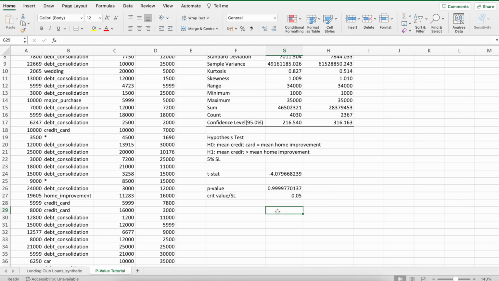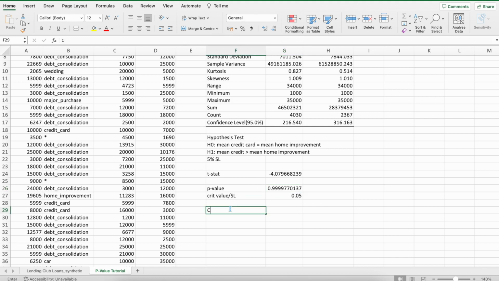So it works in the opposite way of a t-test, because in a t-test, if the t-statistic is more than the critical value, then you reject the null hypothesis. But here, we don't have enough evidence because the p-value is out of the significance range, which means that it's not a reliable enough test, right?